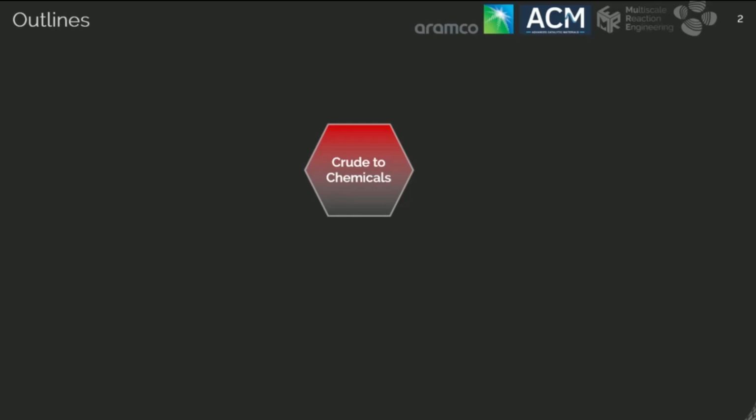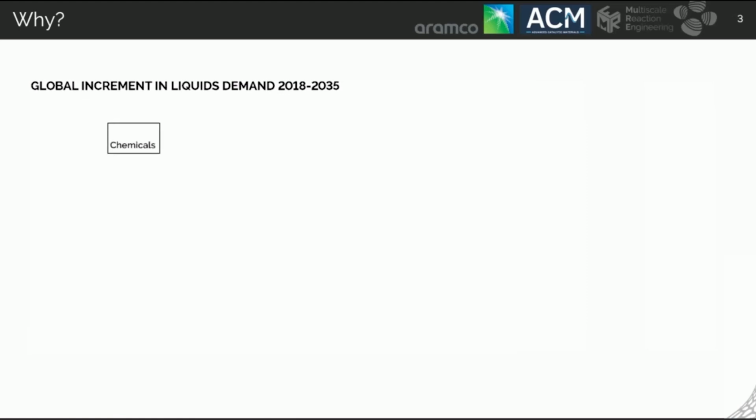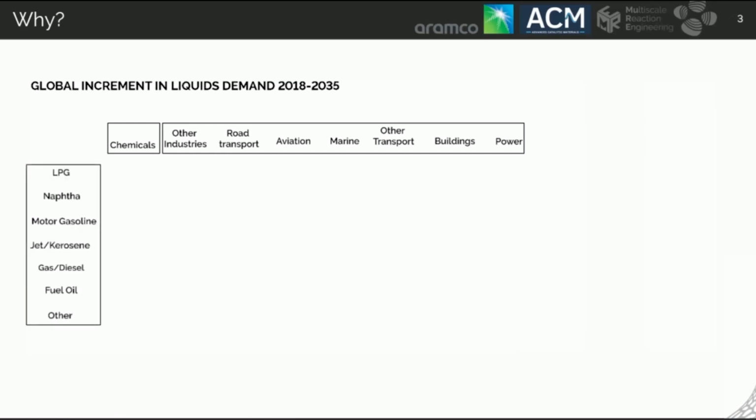So, what is crude to chemicals, or why do we work on crude oil to chemicals? If you look over the global increments in liquid demand from 2018 to 2035, focusing on the chemical sector, we can also see the liquid fractions, and we can show the demand of the liquid fractions using squares.